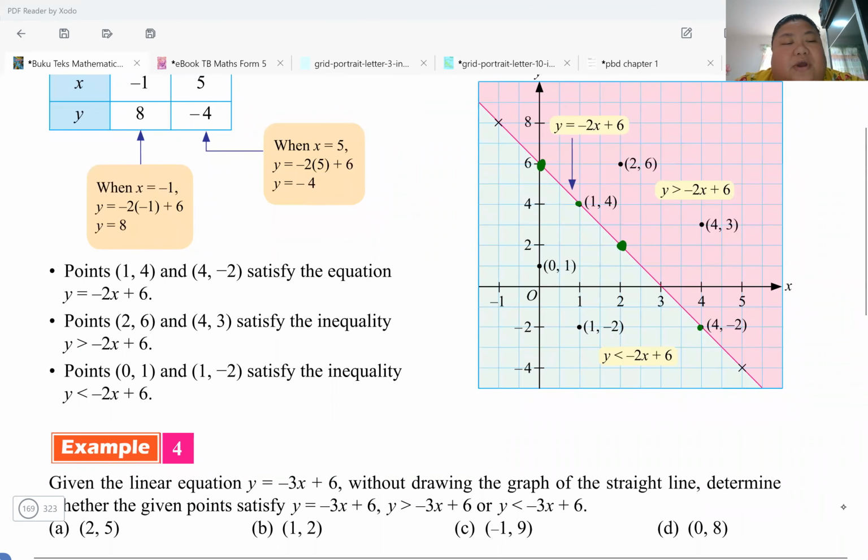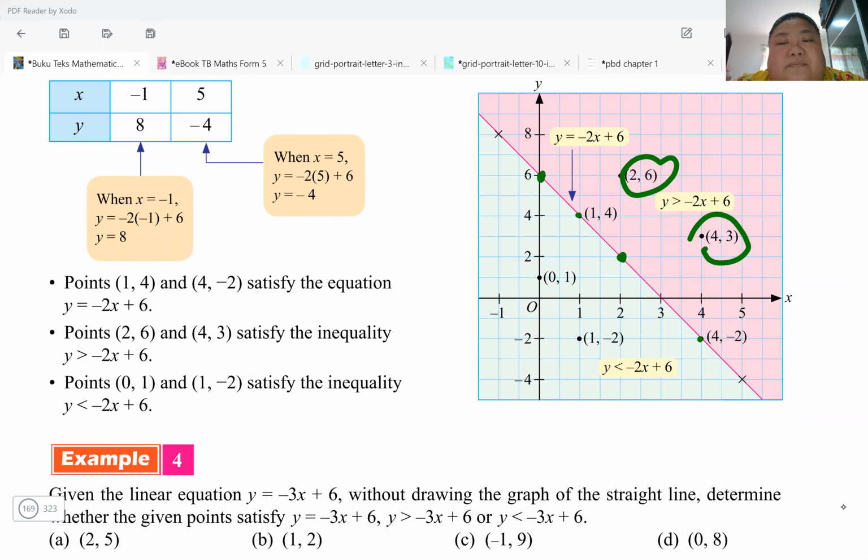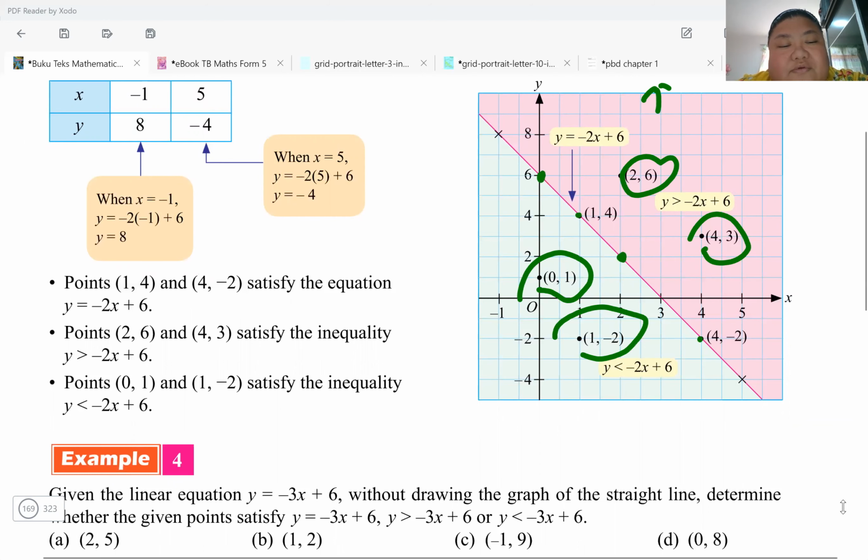The second one, (2, 6) and (4, 3), are in the region above. When it is in the region above, it satisfies the inequality greater than. Above means greater than; this region is greater than the pink line. And then (1, 0) and (1, negative 2) satisfy the inequality less than, because down here is less than. All right, do you understand?